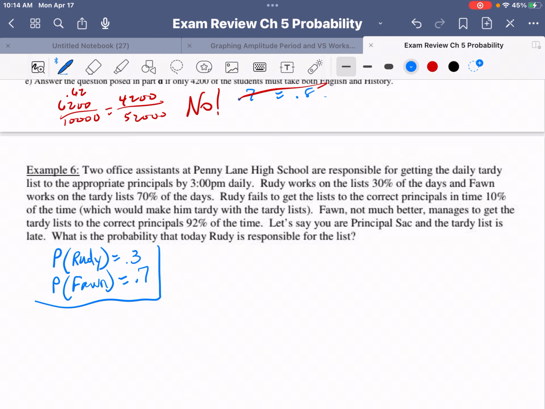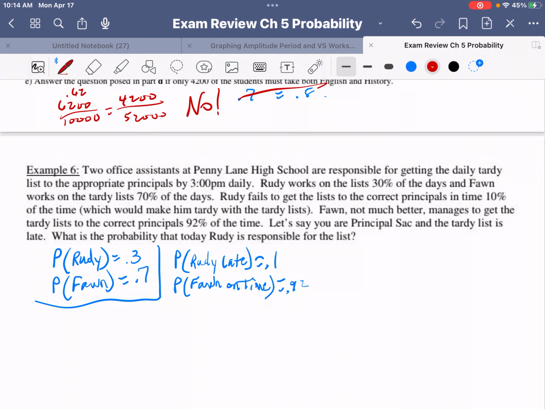Rudy fails to get the list to the correct principals on time 10% of the time. So I'm going to put P(Rudy late) equals 0.1. And Fawn, not much better, manages to get the tardy list to the correct principals 92% of the time. P(Fawn on time) equals 0.92.